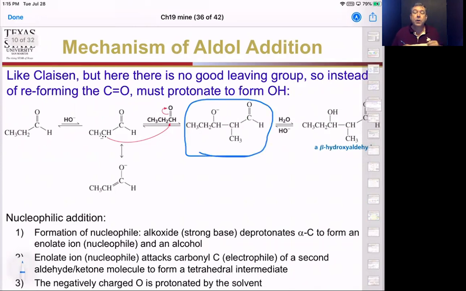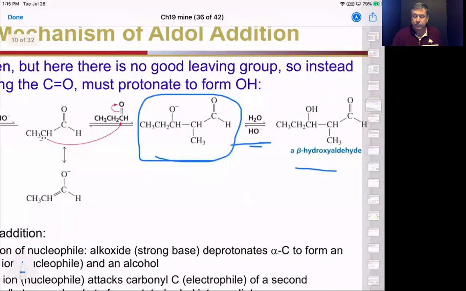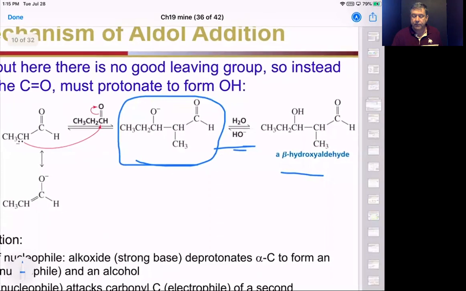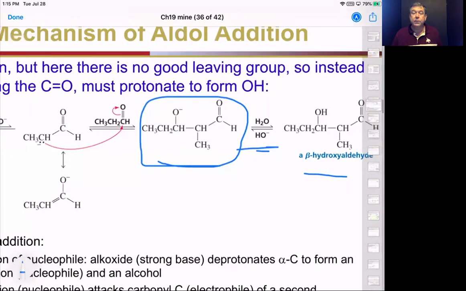At this point, the only thing that we can do is to reprotonate the material right here, and we end up with our beta hydroxy, in this case aldehyde. It's either an aldehyde or a ketone. That is the final neutral product after the reaction is quenched with water.